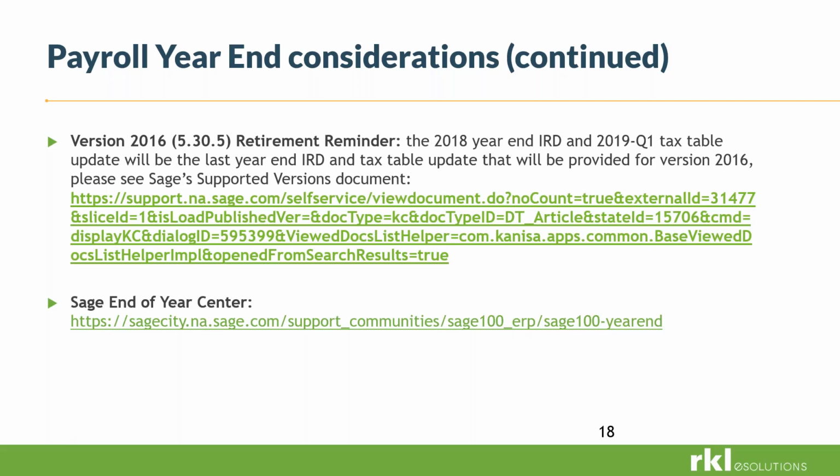And again, for version 2016, this will be the last year that you will be able to avail yourself of these tools. There is a website that you can go to review the compatibility and the minimum requirements. There's also an end-of-year center on Sage City, and that website has been listed here as well.